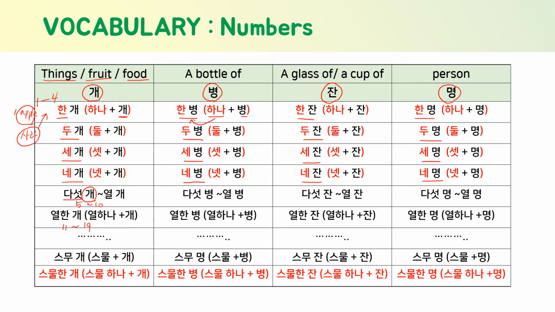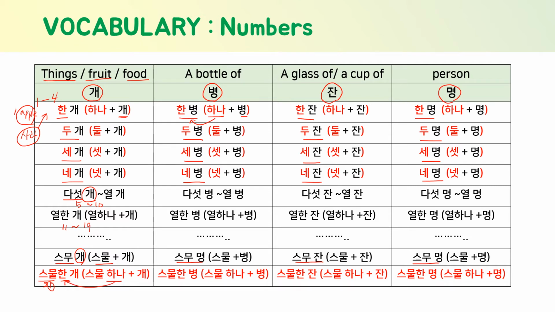For 스물, the 20, we already learned the form changes, right? So 20, 스무 개, not 스물 개, right? And here, 20 bottles, 스무 병, 20 cups of, 스무 잔, and 20 people, 스무 명, right? So from 21, because there's the number 1, 21개 changes the form.